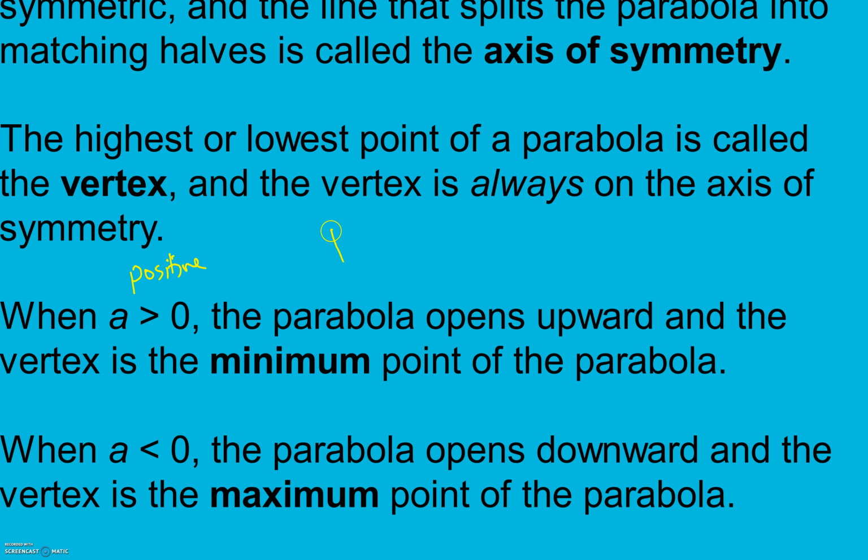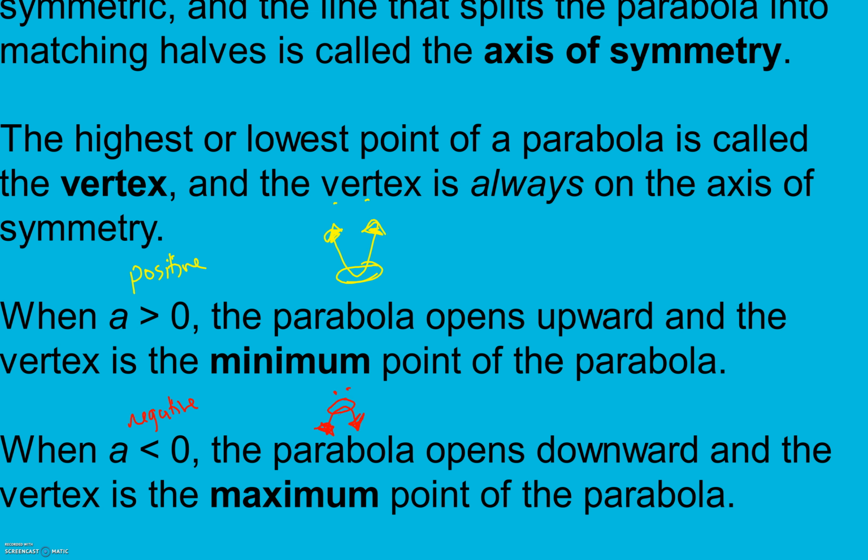When a is greater than 0 or positive, the parabola opens upward. On my back wall I have a happy face poster, so a happy face parabola. The vertex is the minimum point of the parabola. It's the lowest point here. When a is less than 0 or negative, the parabola opens downward, and we have a maximum point there.